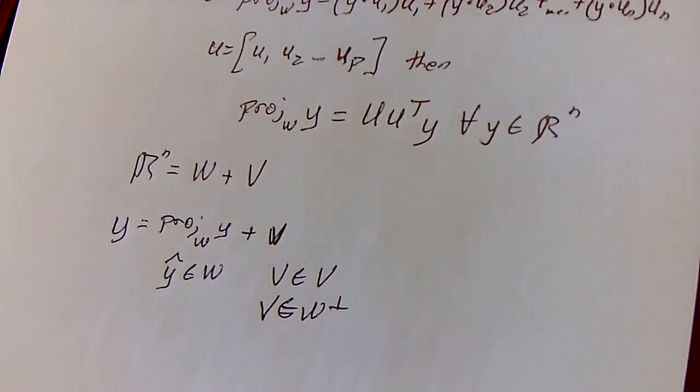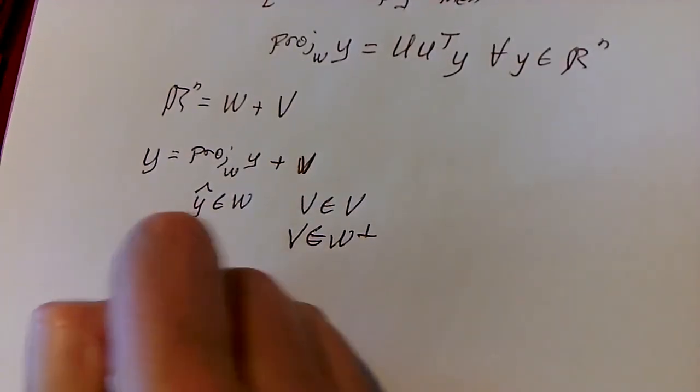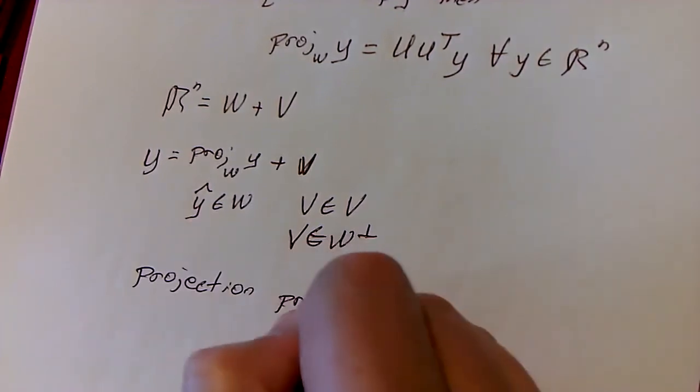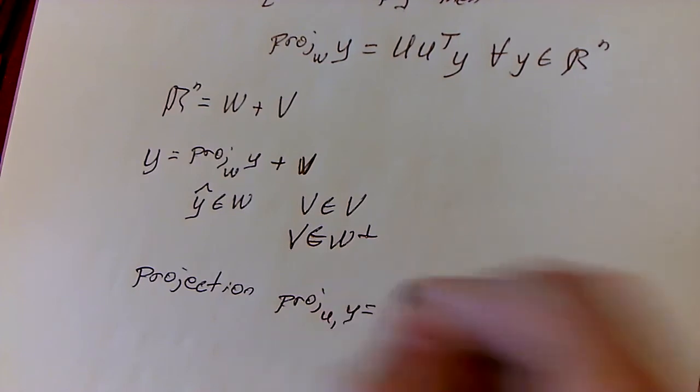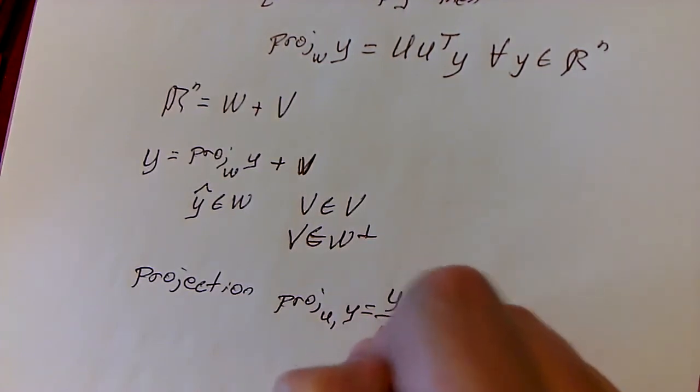So you can always decompose a vector into something that's in a space and something that's orthogonal to that space or orthogonal to those vectors. So the big thing here is you're looking at projection, which remember is the projection of y onto a vector. You're going to do y dot U1 over U1 dot U1.